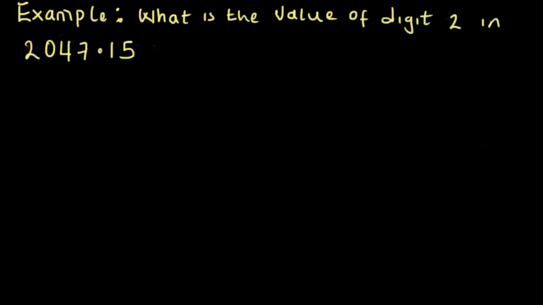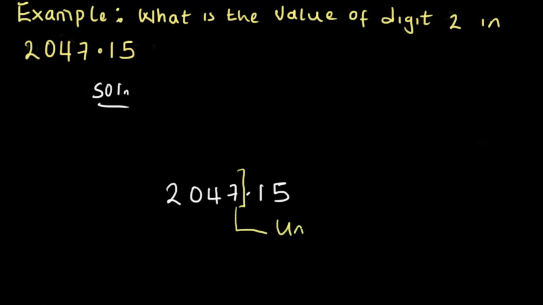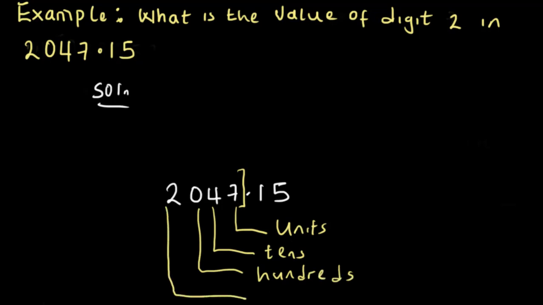Now we have, what's the value of digit 2 in 2047.15? Now remember, before the decimal point, you come down. So we're having units, tens, hundreds, and then we have thousands. After the decimal point, we go up. So we start with what?